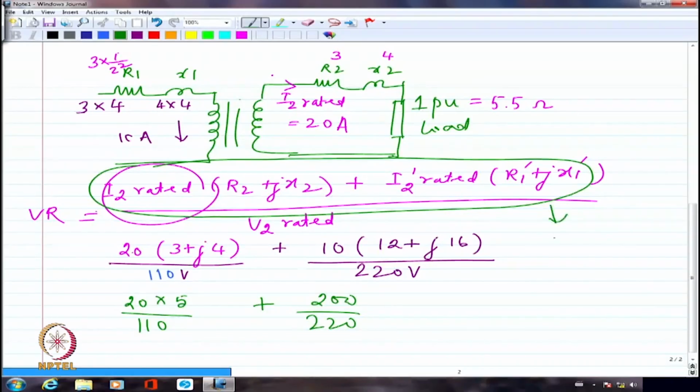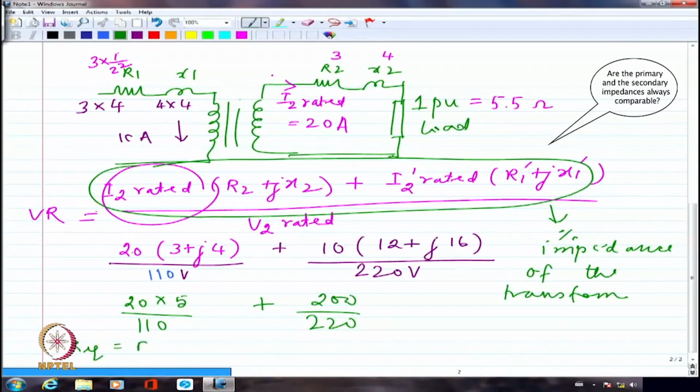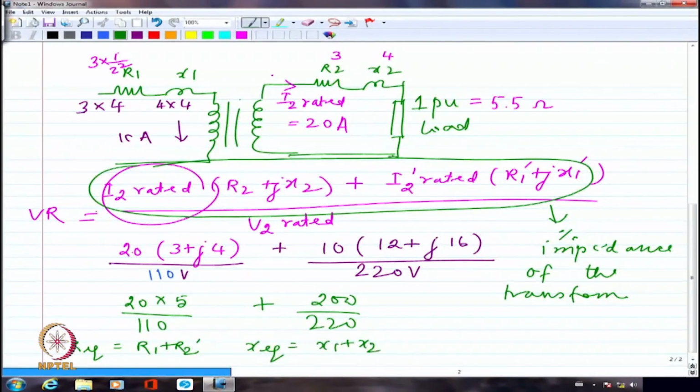So, if I am having, let us say, R equivalent equal to R1 plus R2 dash and X equivalent equal to X1 plus X2 dash. See, normally in most of the transformers, the primary and secondary will be comparable.